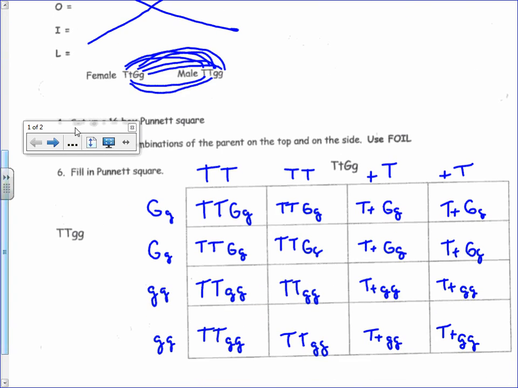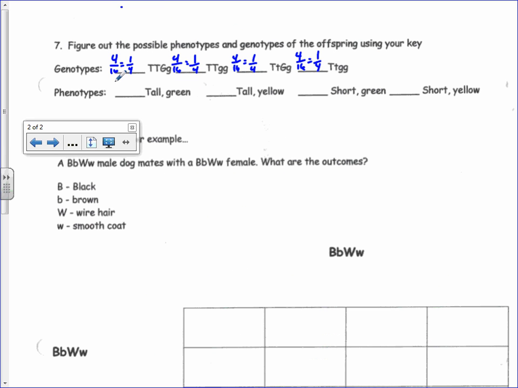We're looking for tall and green. So we have 1, 2, these are not tall and green, these are tall and yellow, 3, 4, 5, 6, 7, 8. So 8 out of the 16 are going to be tall and green. So that's 1/2 of them. A 1/2 possibility with each cross.